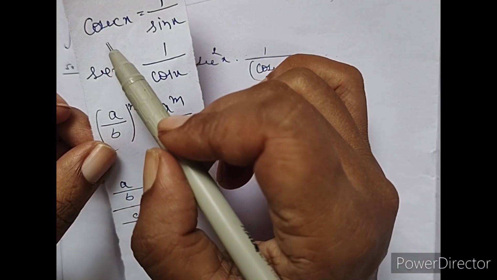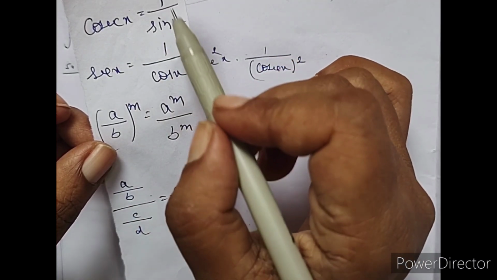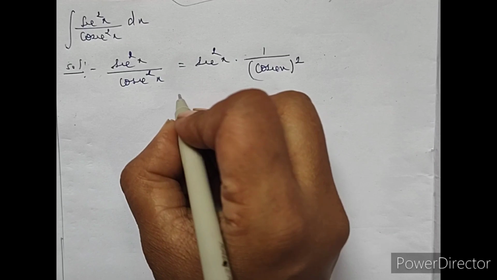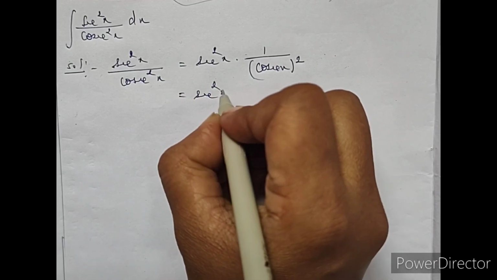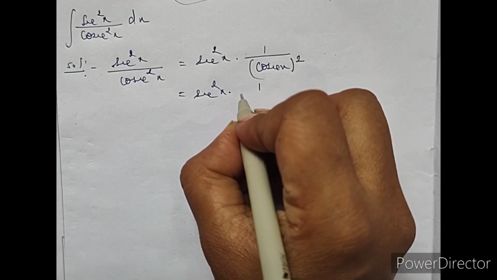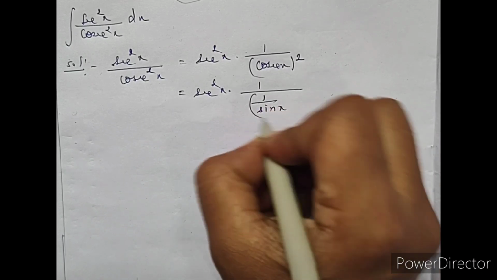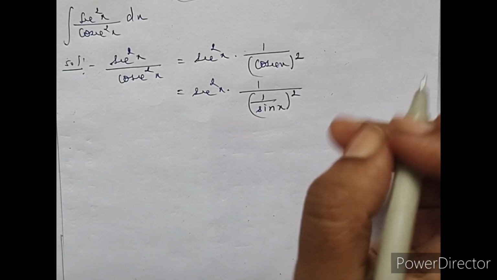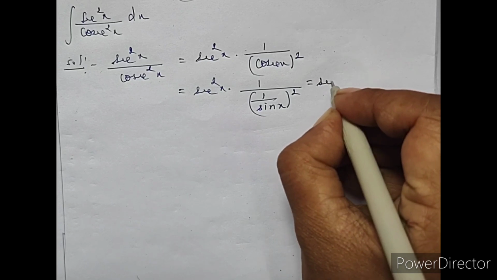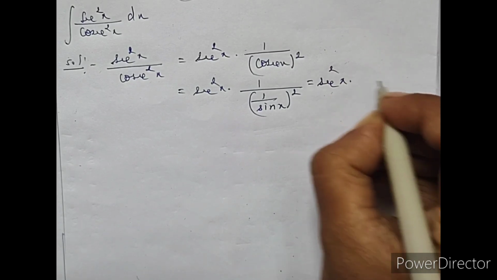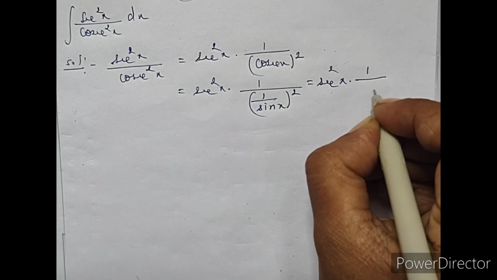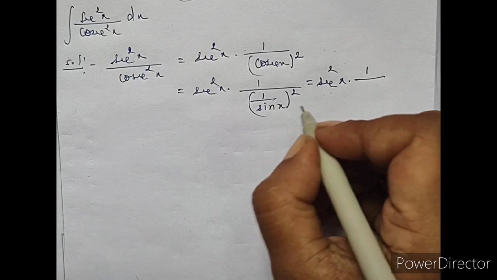So using this, I'll write cosecant x as 1 divided by sin x, the whole square. So that is equal to secant square x into 1 divided by, 1 by sin x the whole square.